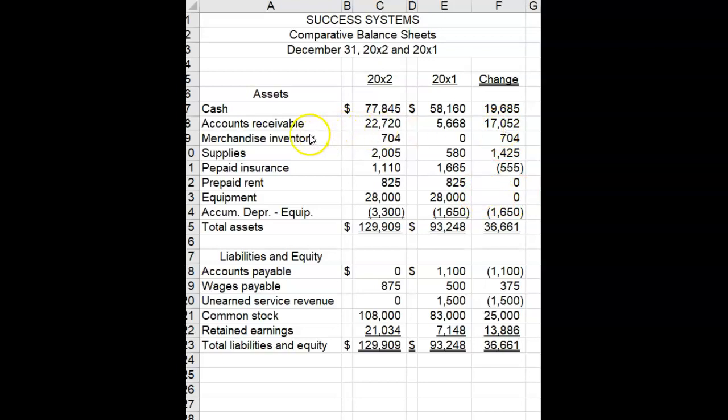Then work through all of your current assets and your current liabilities to show the change on your statement of cash flows. Be sure to include all of your current and only current assets and your current liabilities. However, you should not include any current asset or current liability whose balance did not change during the year.